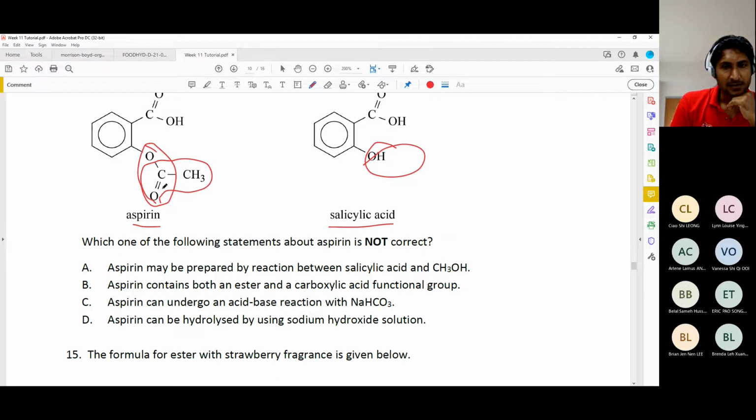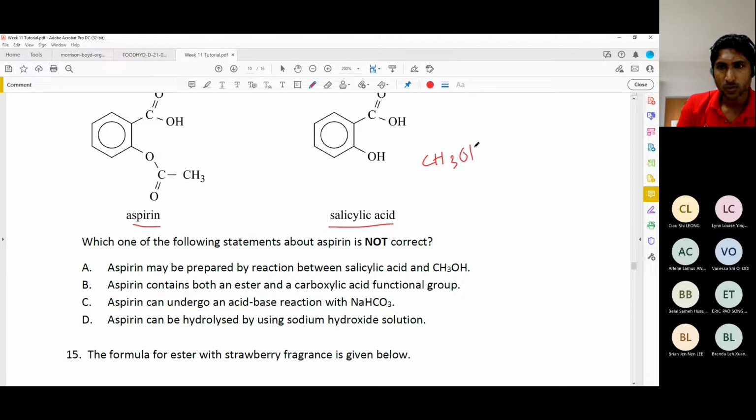So if there is a CH3OH, there will be a reaction and produce ester, is it? If I add CH3OH, will it produce a reaction?